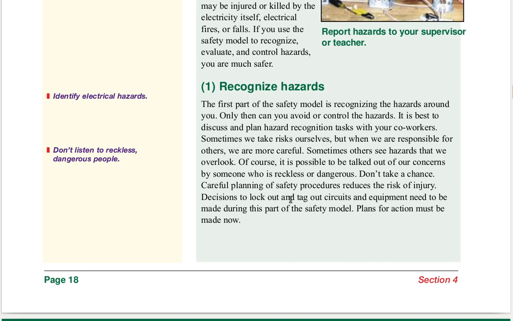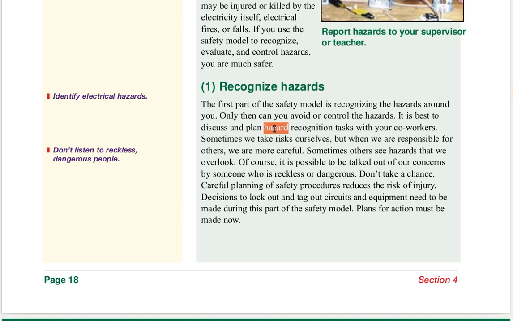Decisions to lock out and tag out circuits and equipment need to be made during this part of the safety model. Plans for action must be made now. So we must recognize electrical hazards and not listen to reckless or dangerous people.